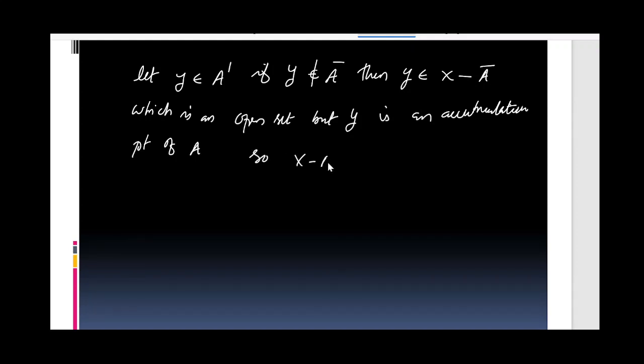So X minus A closure intersection A cannot be empty.